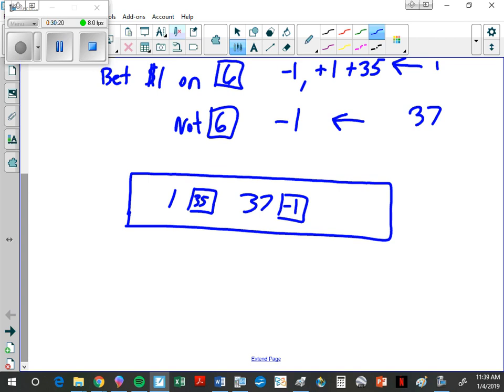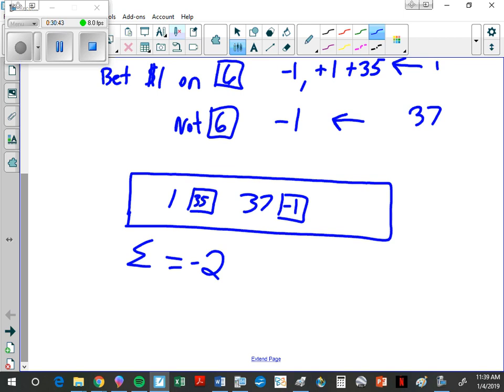So, what is the sum of the box? -2. Does everybody see that? 35 plus 37 copies of -1. So the sum, this is the symbol for sum. It's that weird E, it's a Greek sigma. The sum of the box is -2.